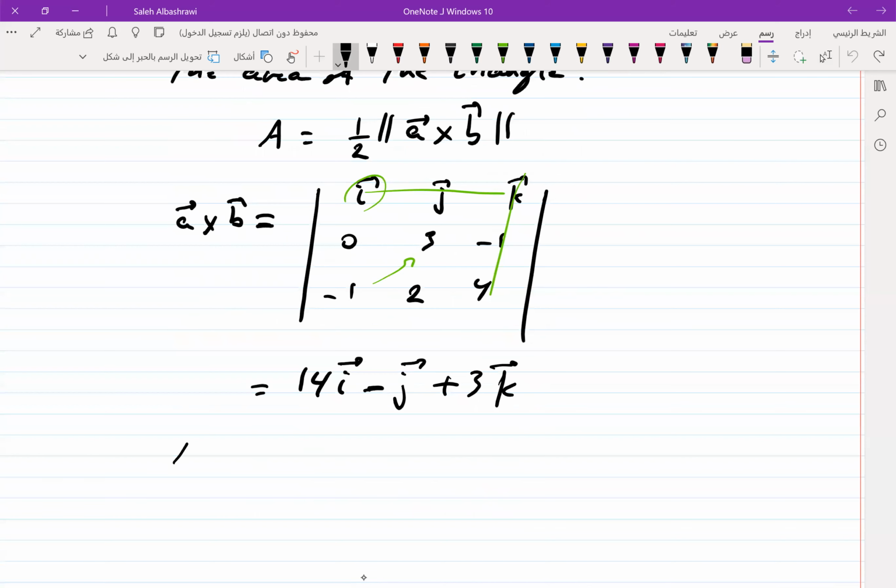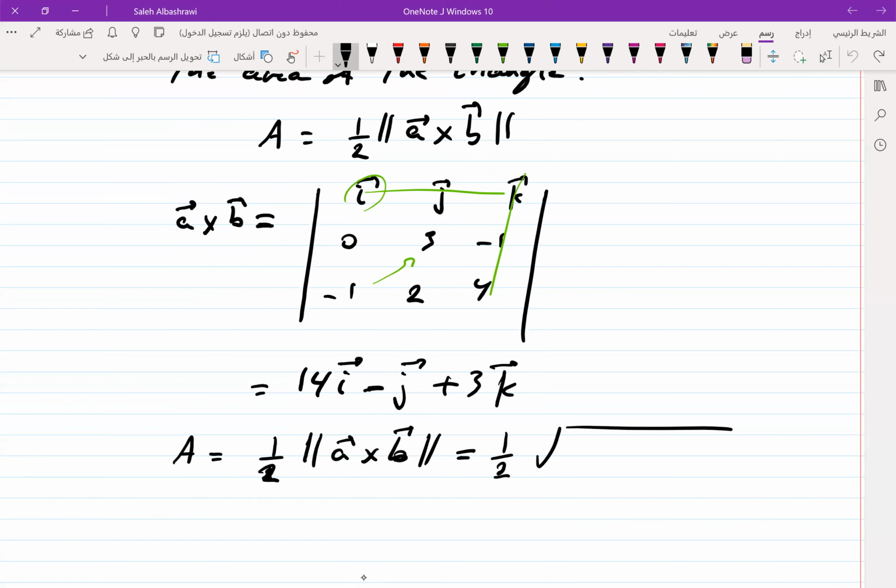So the area will be equal to half of the magnitude, which is half the square root of 14 squared plus 1 plus 9. This will be equal to 206.